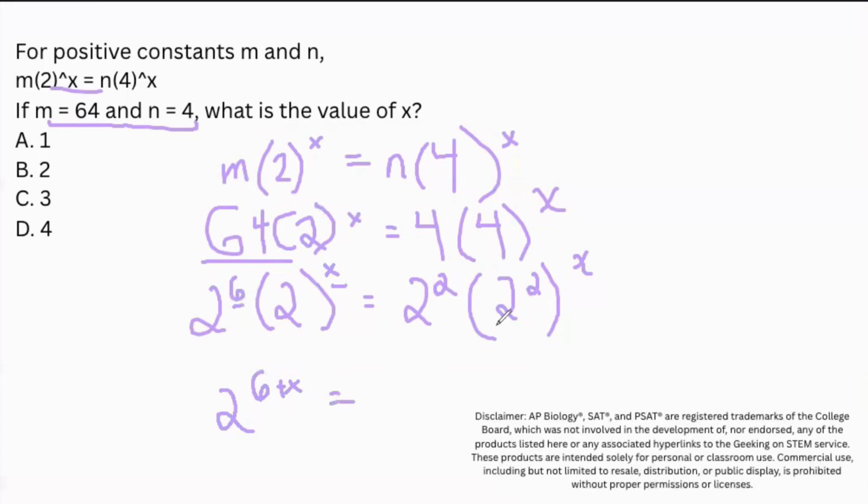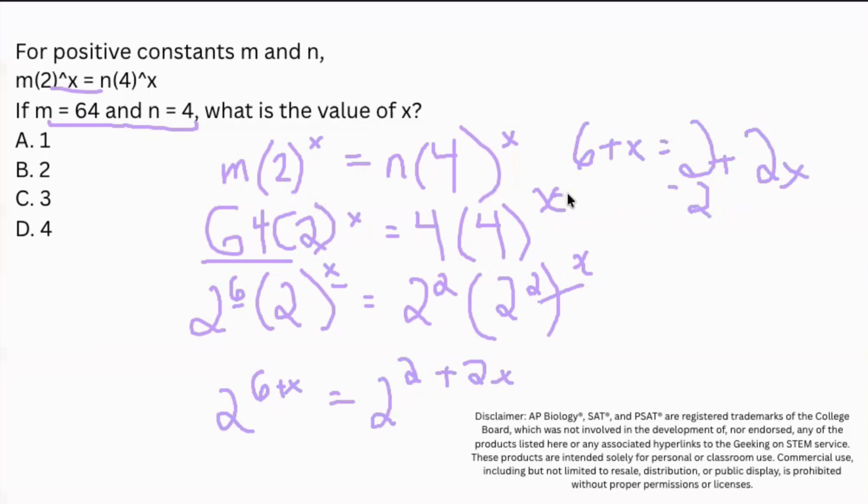I'm going to do the same thing for this side. So combining these two values together, noting the parentheses, it's going to be 2x. In other words, it's 2 plus 2x. We can set these both equal to each other, noting that 6 plus x equals 2 plus 2x, letting go of the base because now the bases are exactly the same, and we can solve whatever the exponents are.